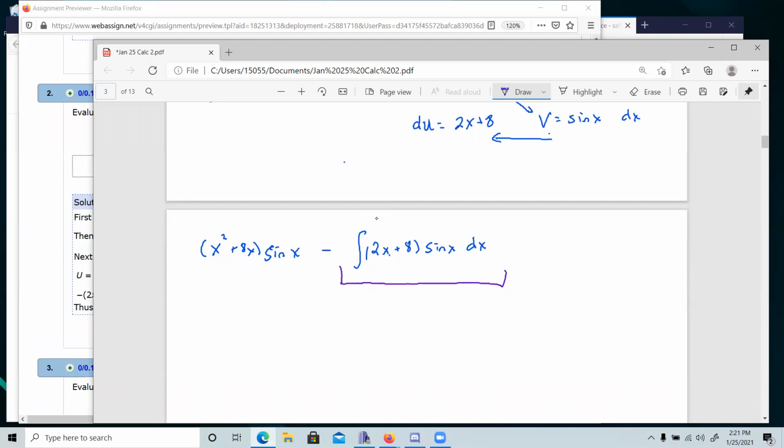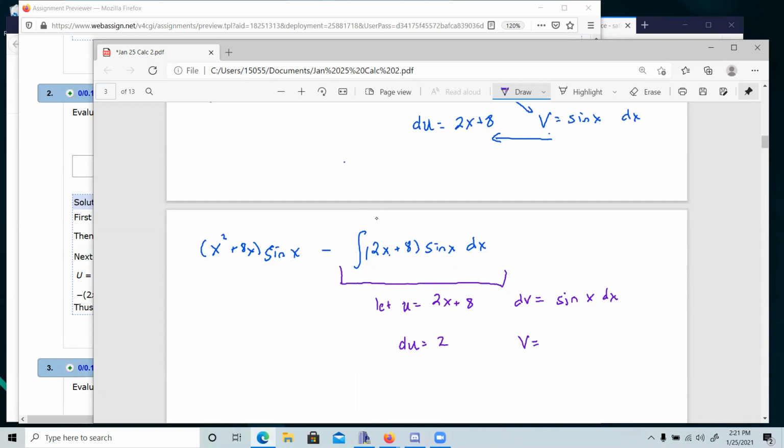In this case, again, we're going to say let u equal 2x plus 8, and then du would be 2. You can technically separate this out and integrate the 8 sine x by itself. That's not going to hurt anything. But since they gave it to us as a kind of a package deal, I'm just going to go ahead and deal with it as a package.